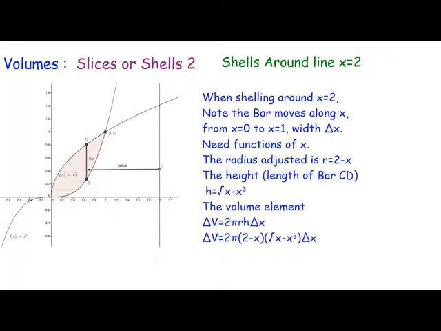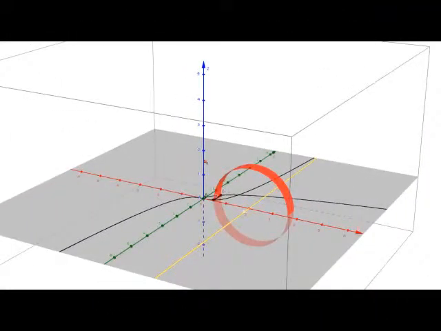We're going to have a look at some calculations in there, but let's actually try and scribe out this one as well. Here we have the shell around the line x equals 2. Let's look at moving the shell. Here's the shell.